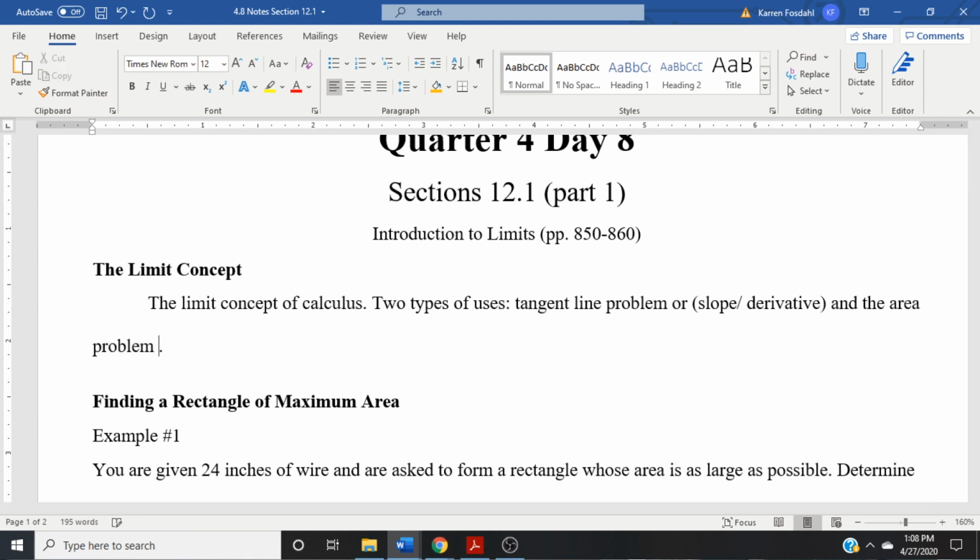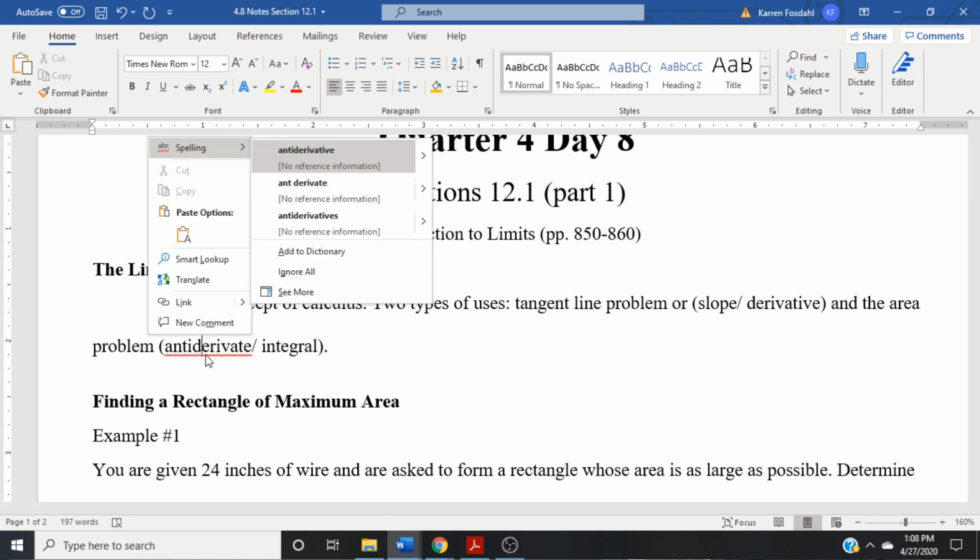And the area problem is also known as type I, or antiderivative or integral, antiderivative.